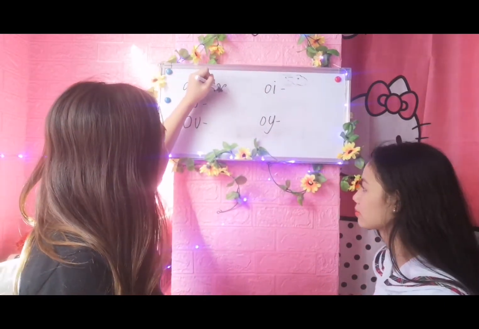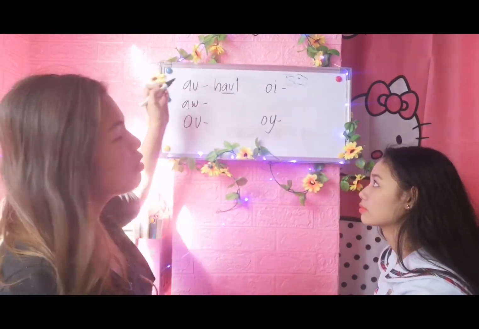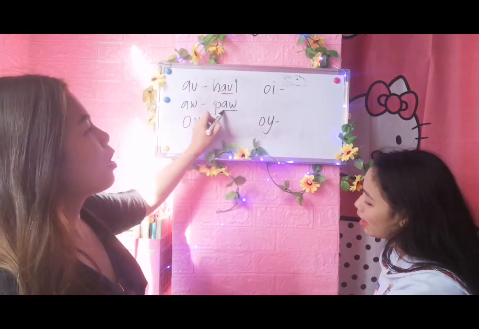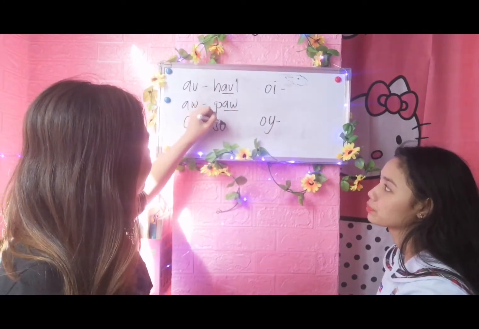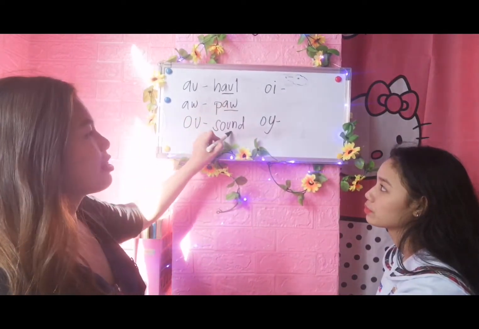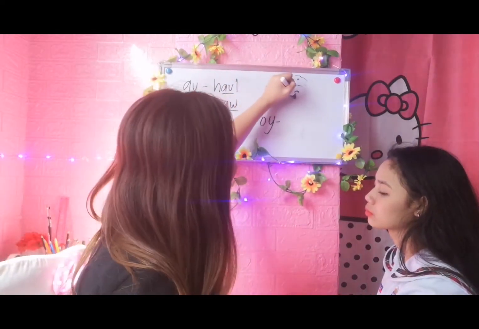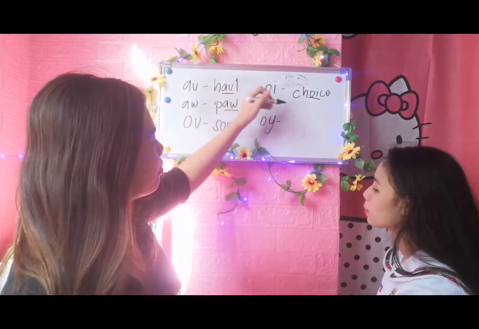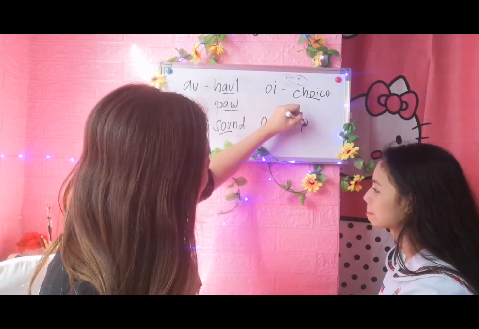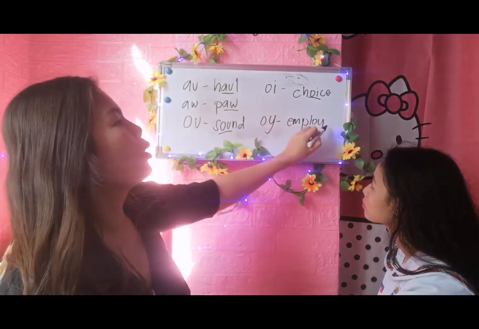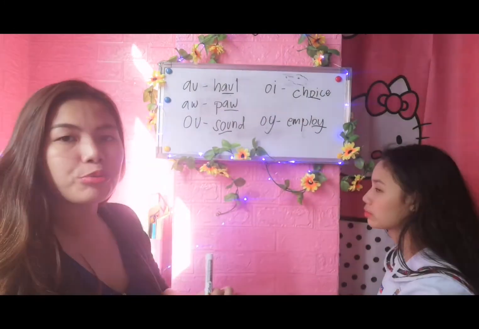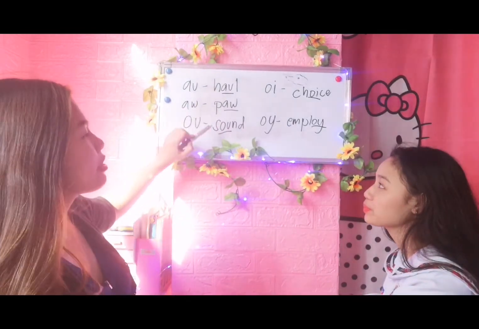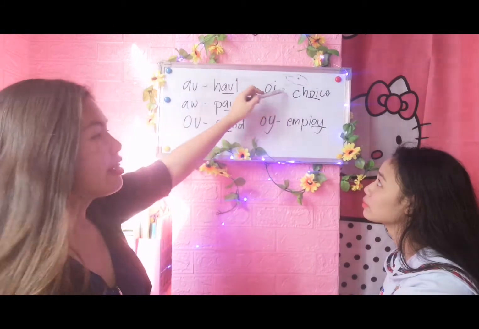The words are hall, paw, sound, choice, and employ. Here are the examples for rule number 9. Hall, paw, sound, choice, and employ.